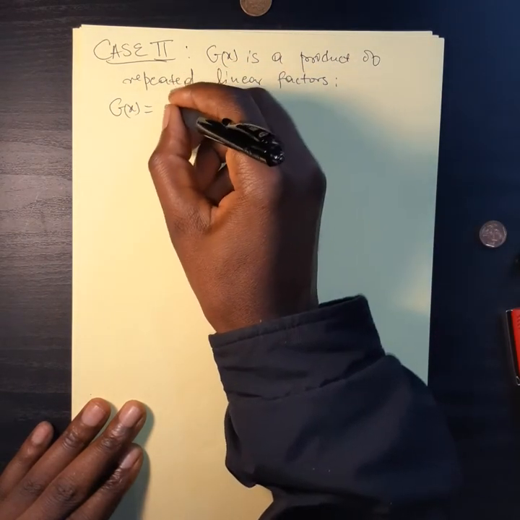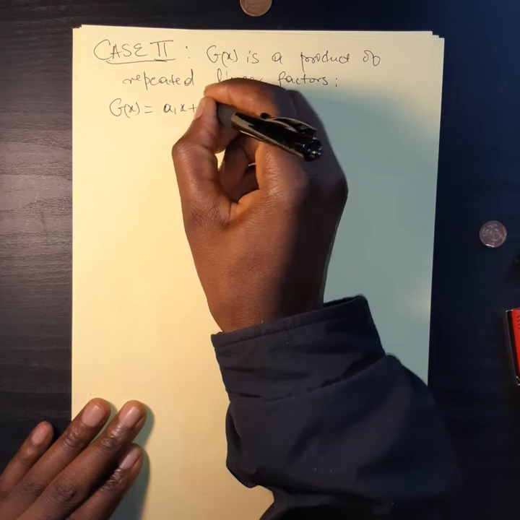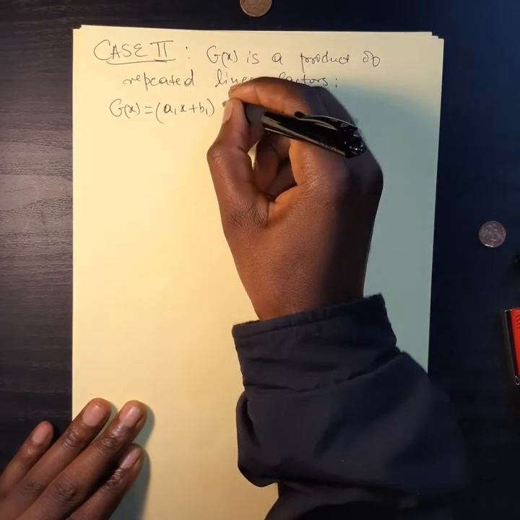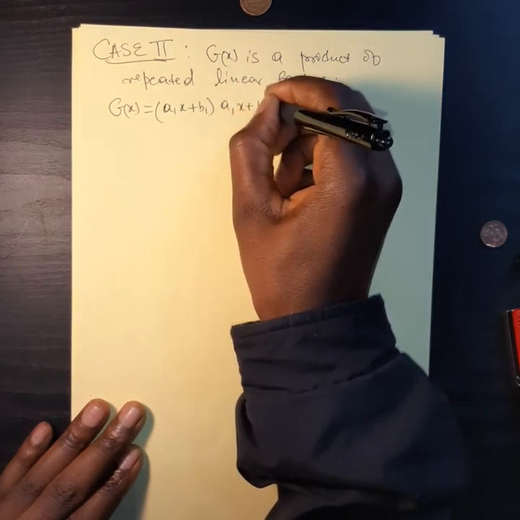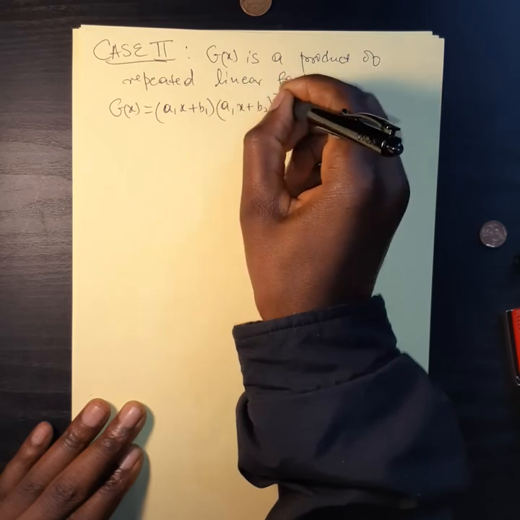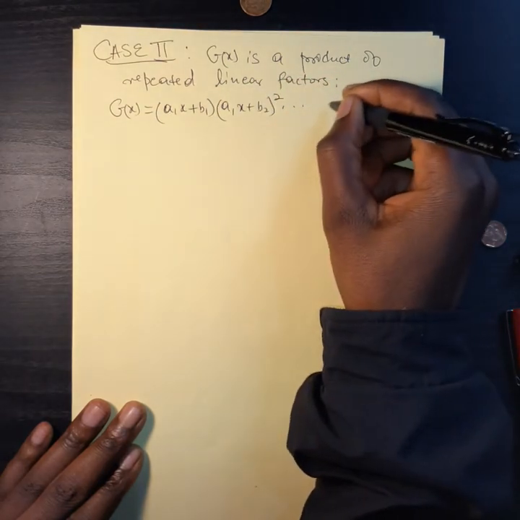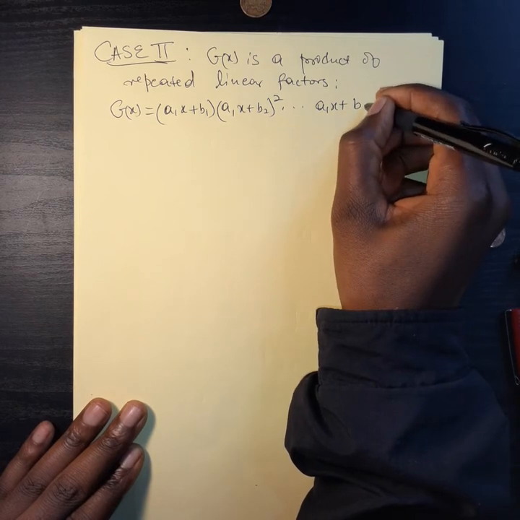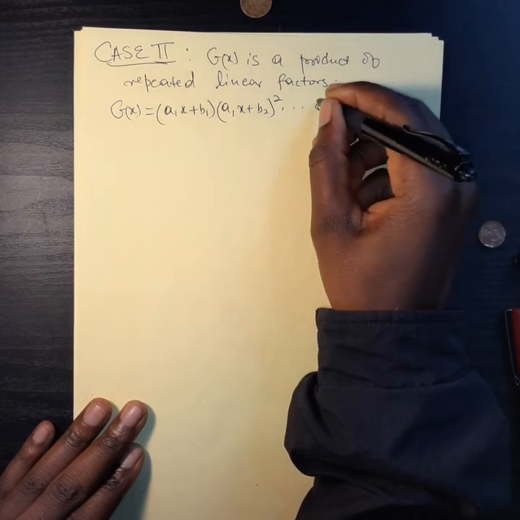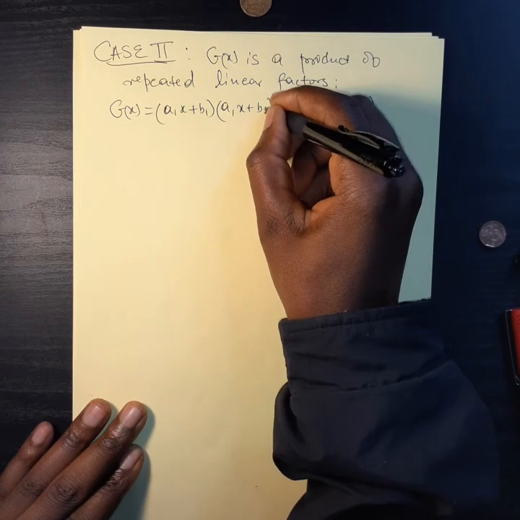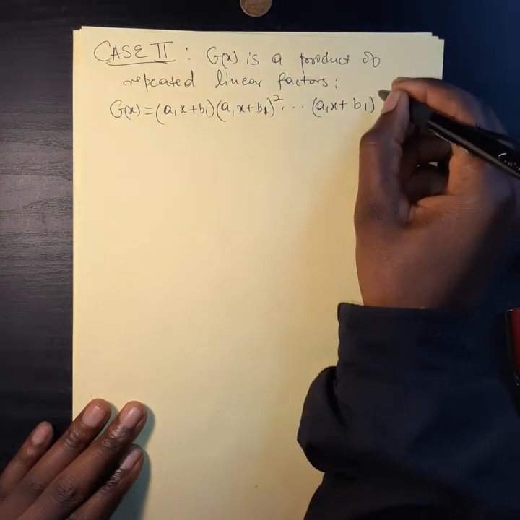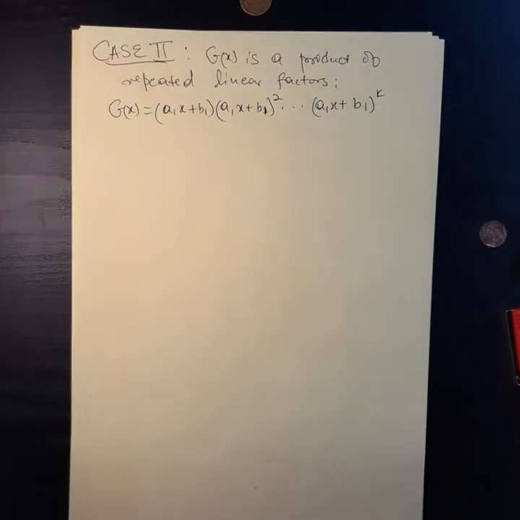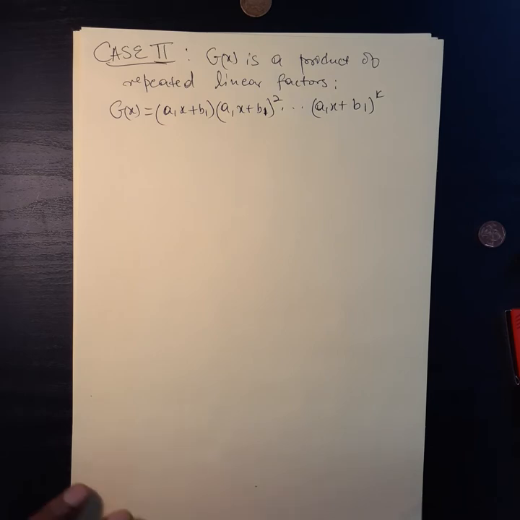So say, for instance, (a1x plus b1) times (a2x plus b2) squared, and so on until (akx plus bk), it's repeating itself until the k whatever.